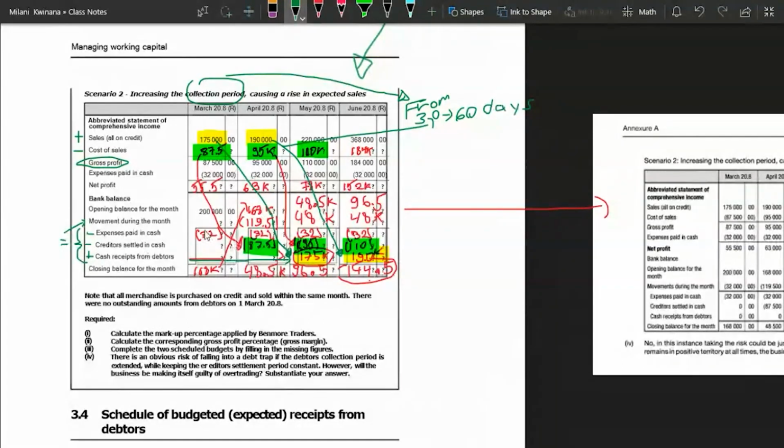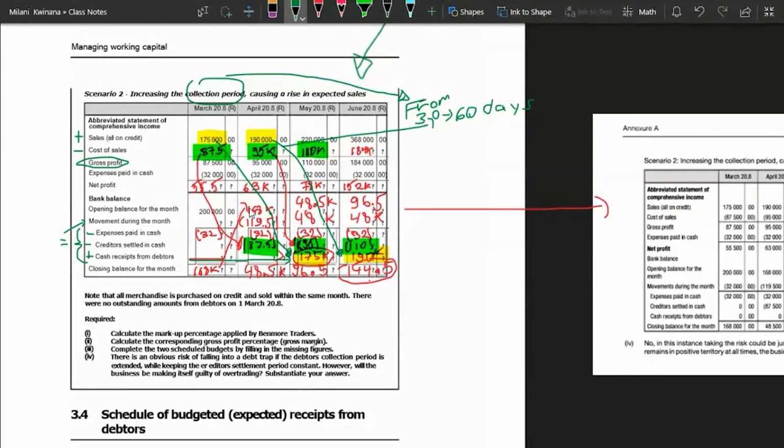So you take 200,000 minus 32,000, you get 168,000. So for the month of March, the closing balance at the end of the month is 168,000. That closing balance for March will be the opening balance for April. Do we agree on that? Yes, sir.